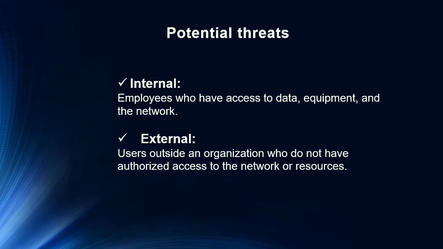Potential threats to a computer network may be internal or external. It is internal if it comes from employees who have access to data, equipment, and the network. And external if it comes from users outside an organization who do not have authorized access to the network or resources.